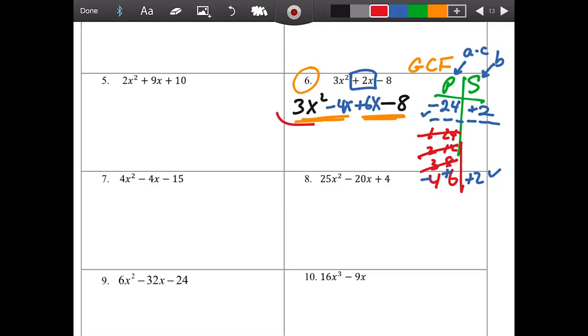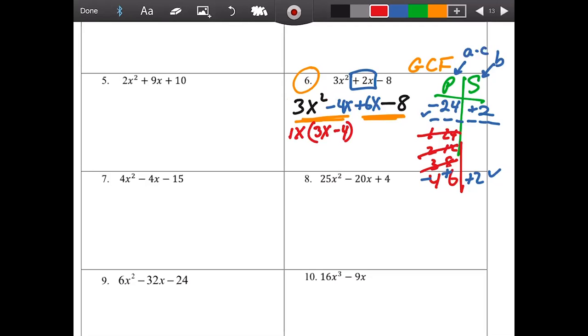So what is my GCF for group 1? 1x, or just x. So I divide both of these terms by 1x. If I divide 3x squared by 1x, what do I get? 3x. And I divide -4x by 1x, I get -4.